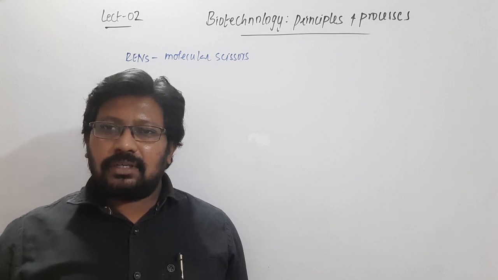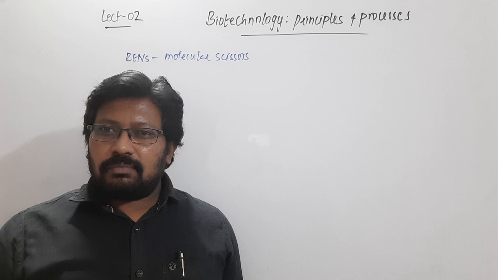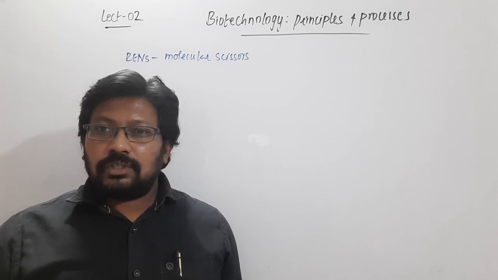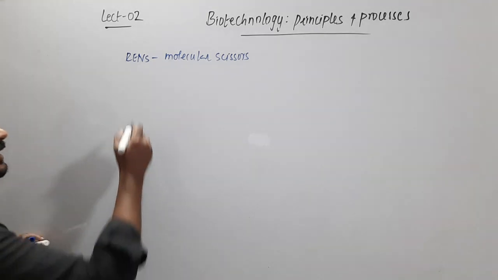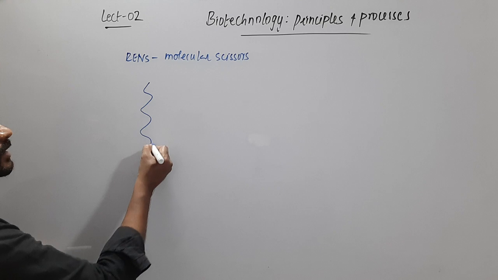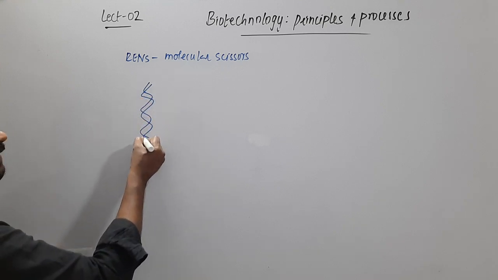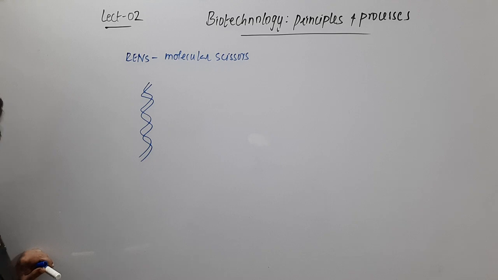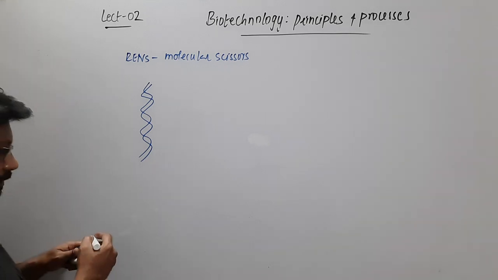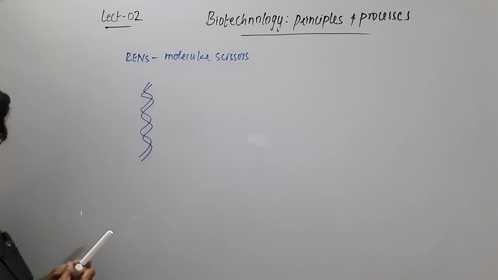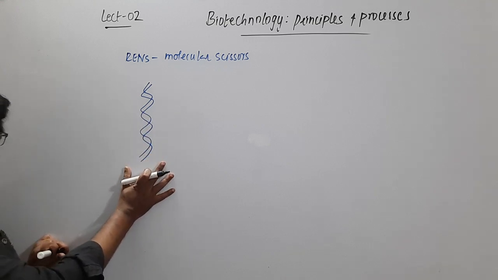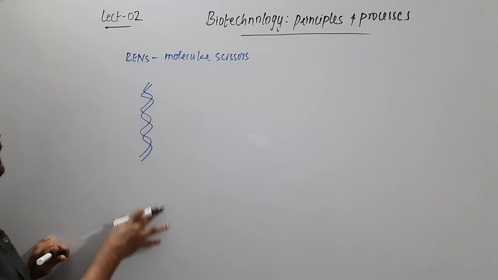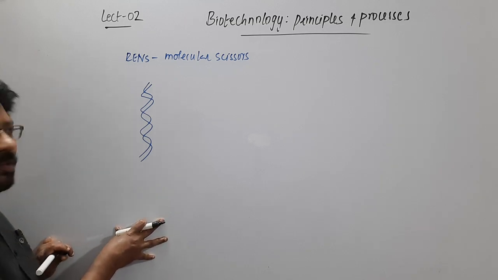Now how am I going to use these restriction endonucleases to isolate a particular segment of DNA from an organism, and how am I going to introduce it into another organism? Let's see here. I'll give an example. Say this is the DNA molecule of an organism which I have isolated, and I'm going to cut this DNA molecule and isolate a specific segment of it.